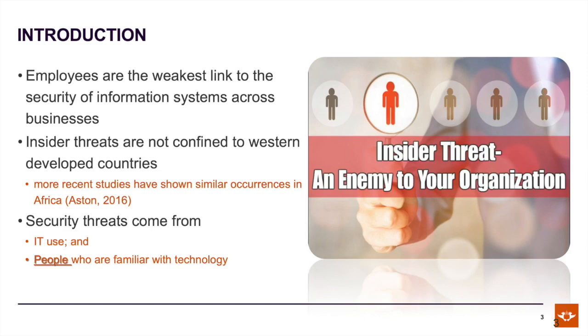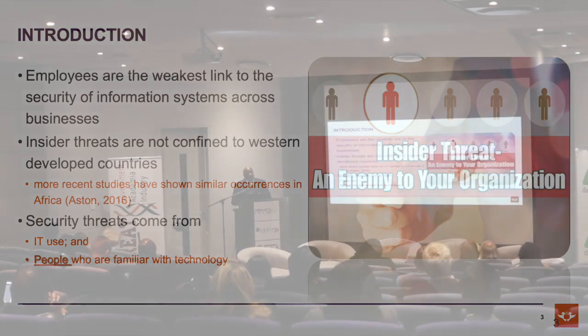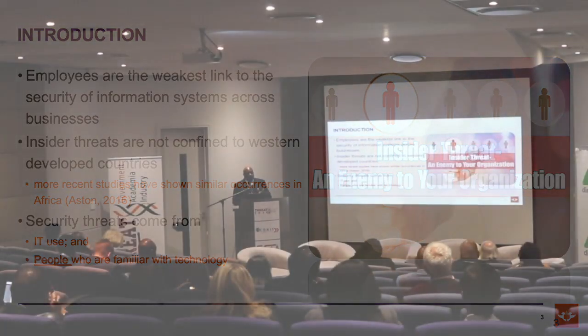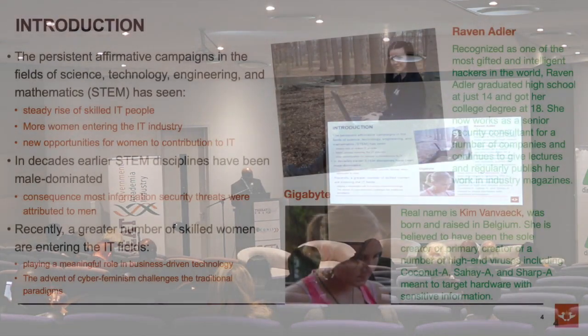How so for people, and how so for gender differences between men and women? So one truism that we reflect about is that people could be a threat to the organizations. And part of those people are also women, who could also be a threat or not a threat. So we wanted to identify that.